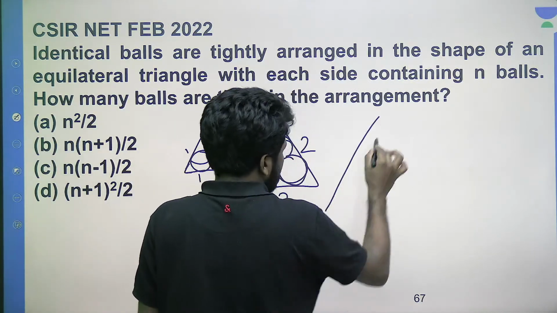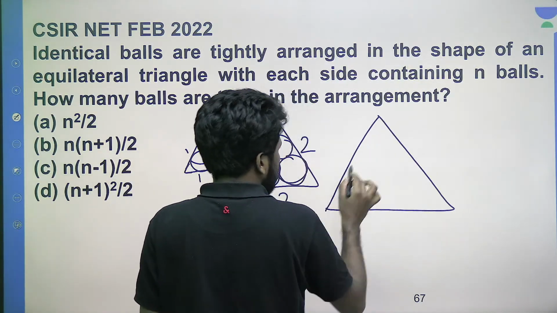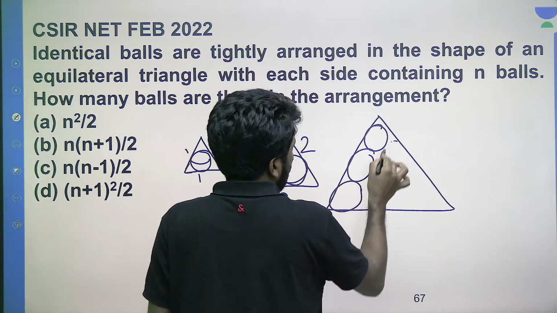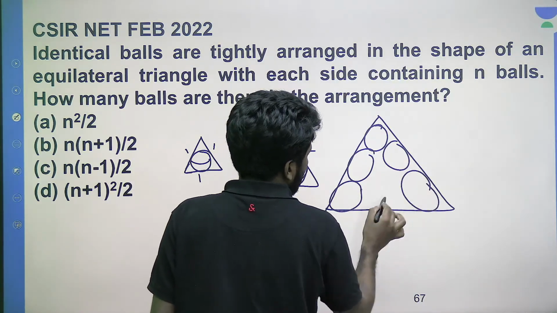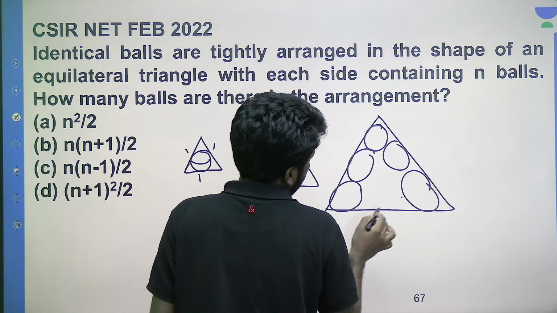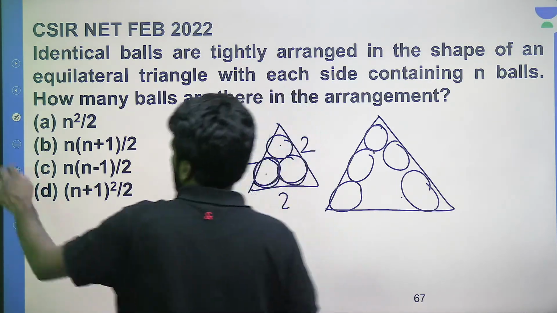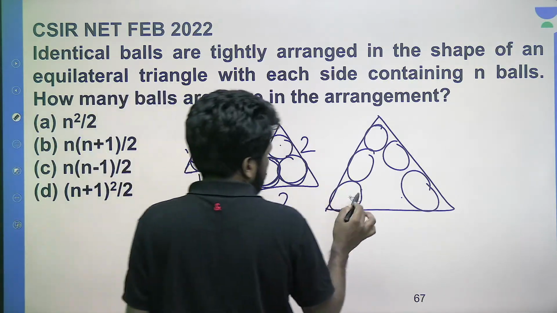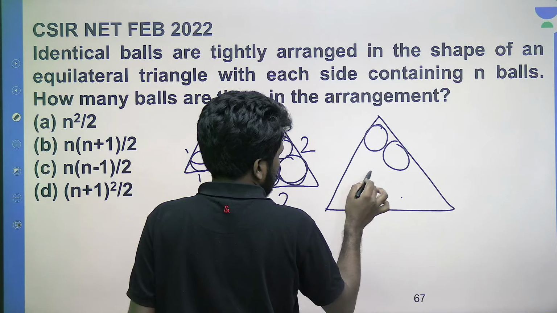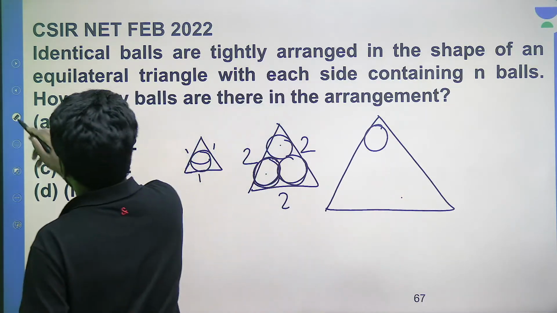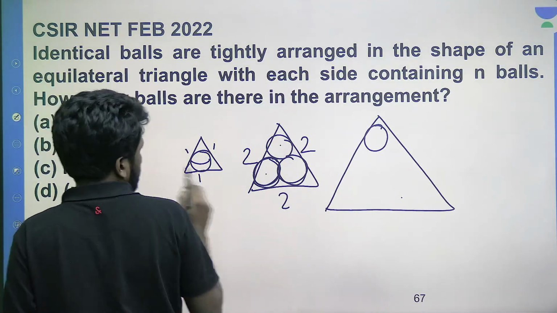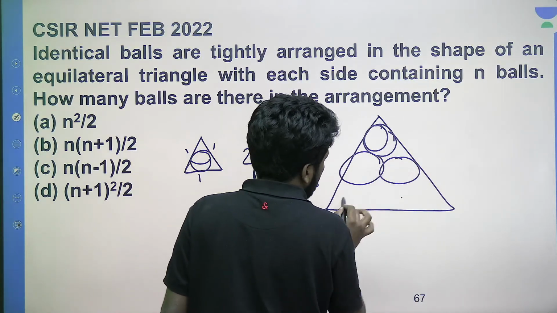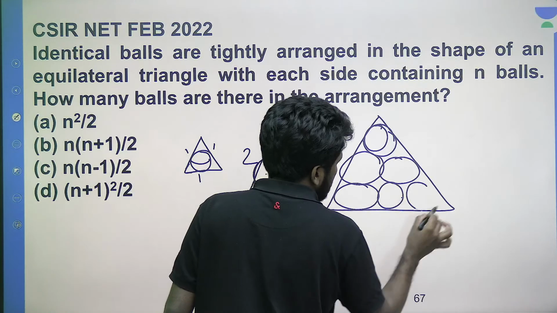The next is the third, 3 rows. Sorry. 1, 2, 3. 1, 2, 3. One second, when I drew it, the size was not correct. First one, second, third, fourth, fifth, sixth.